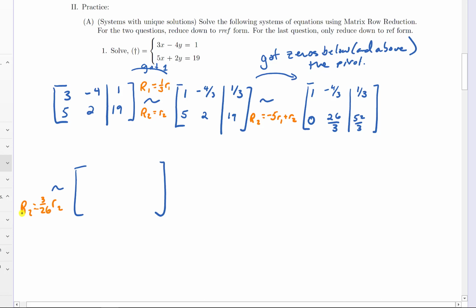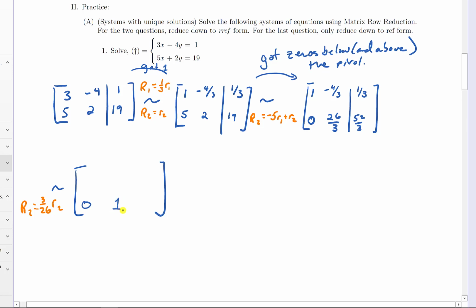To get this new row 2, which is going to be this row right here, I'm going to take the old row 2, which is this row right here, and multiply each entry by 3/26. Notice one of the important things is I'm not going to undo any previous work. When I multiply this 0 by 3/26, it remains a 0, which is what we were hoping for. Then I'm going to take 26/3 and multiply it by 3/26.